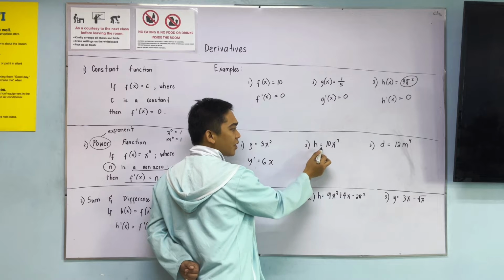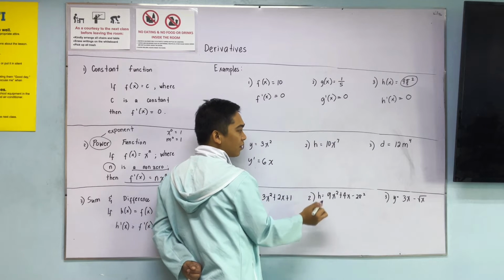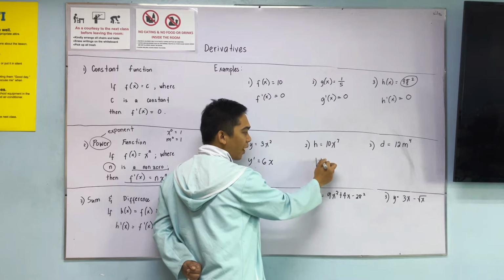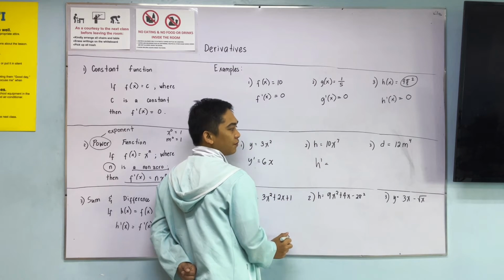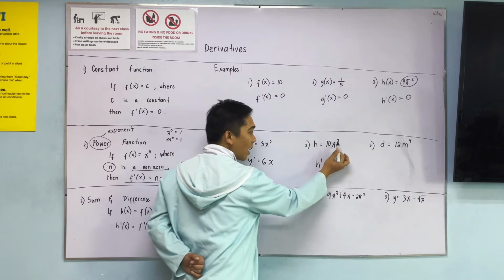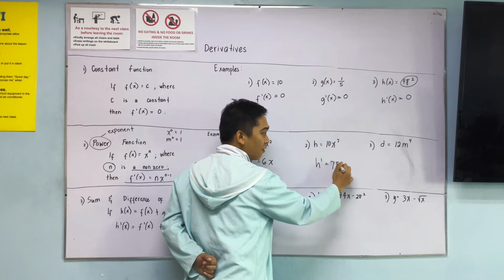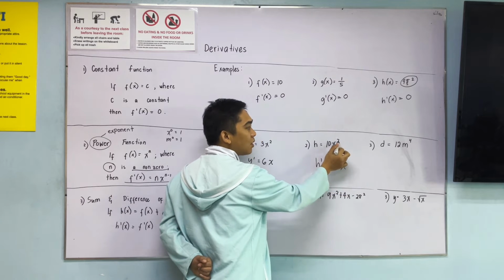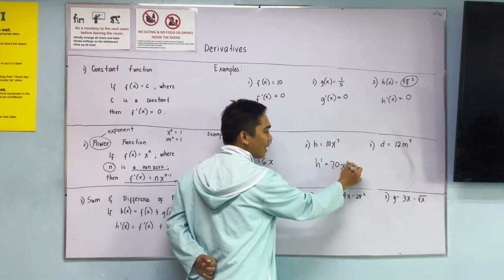Next, h is equal to 10x raised to 7. So h prime is equal to, can you guess the answer? So 7 times 10, 70. Then copy x. Now 7 minus 1, that is equal to 6.